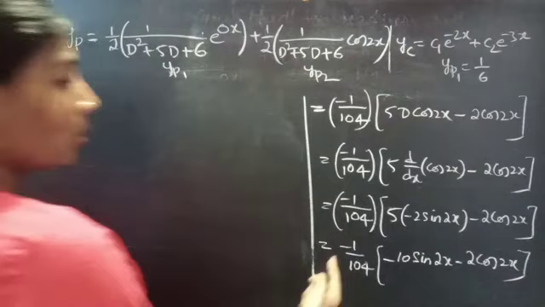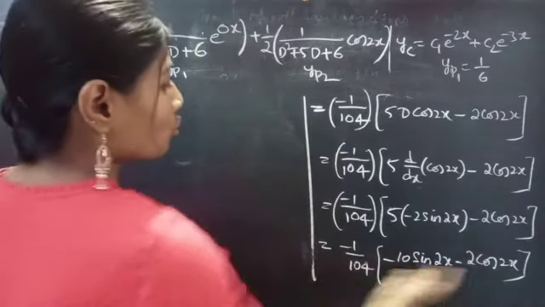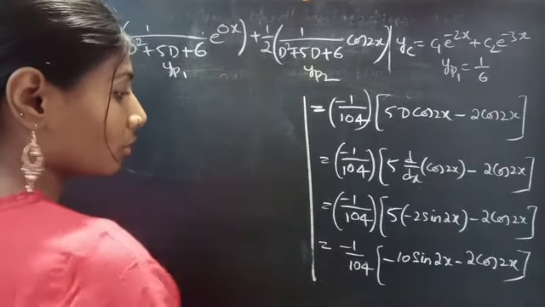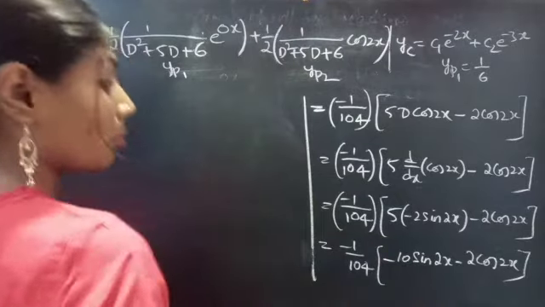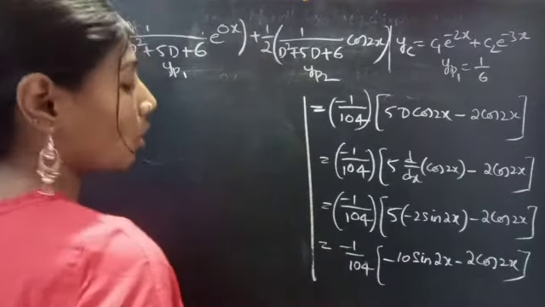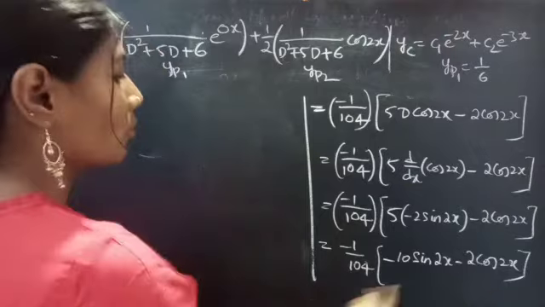Now, you can either multiply these two terms with -1, or take minus common, or take -2 common from these two terms.